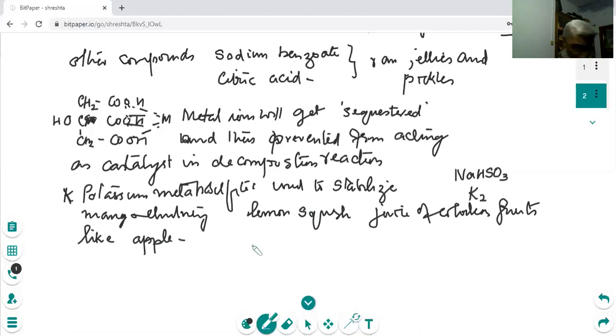So actually what they do is, these formulations will contain some acid. Some amount of weak acid will be present in these fruits, in juices and all.